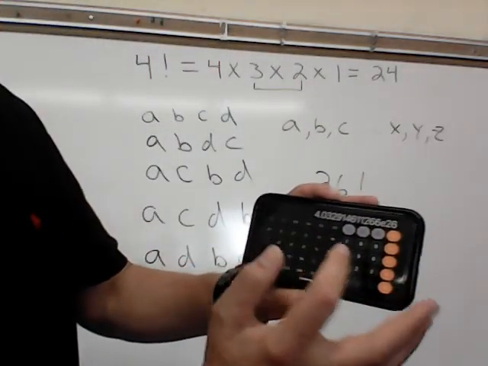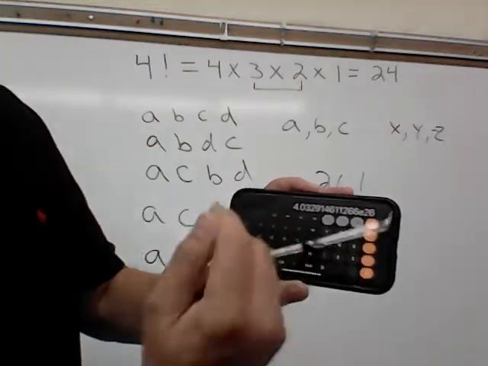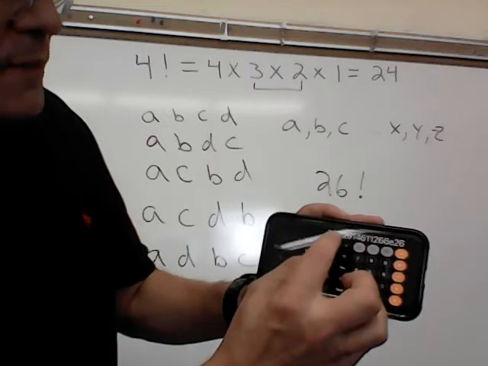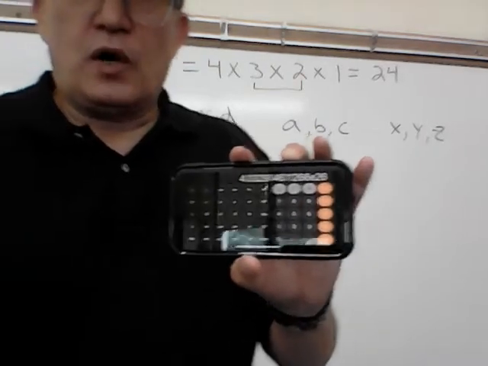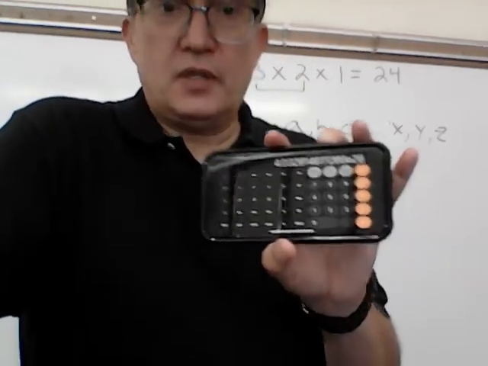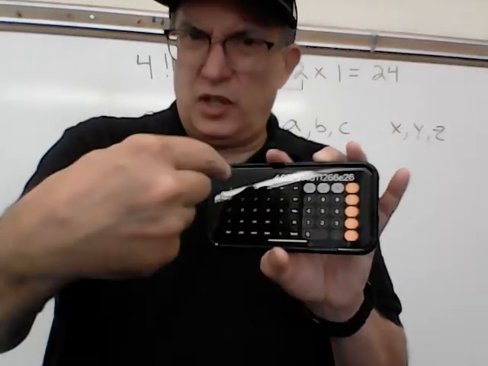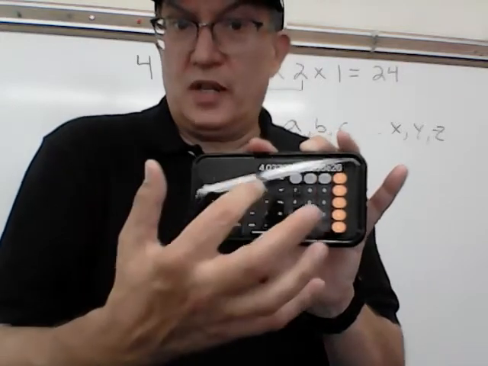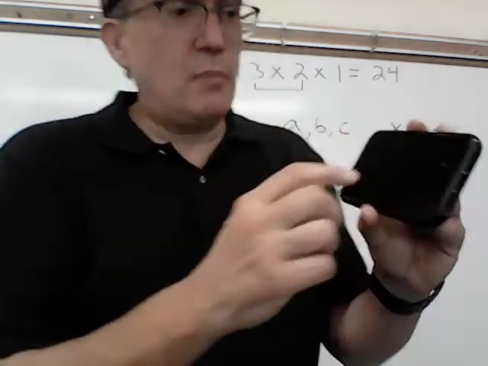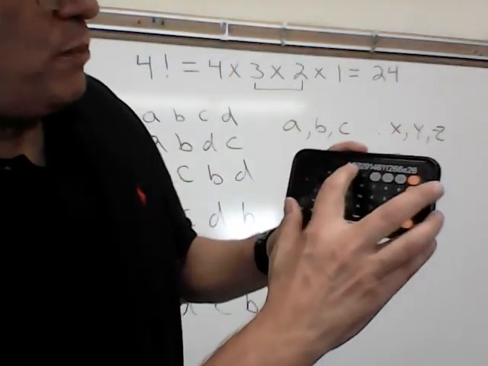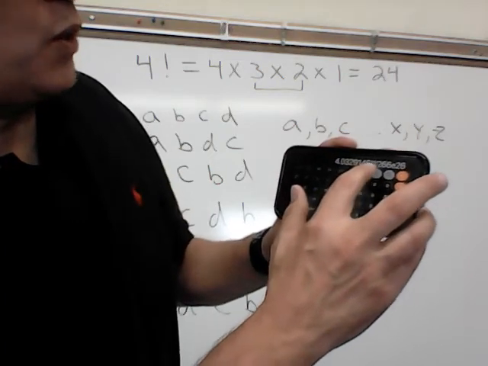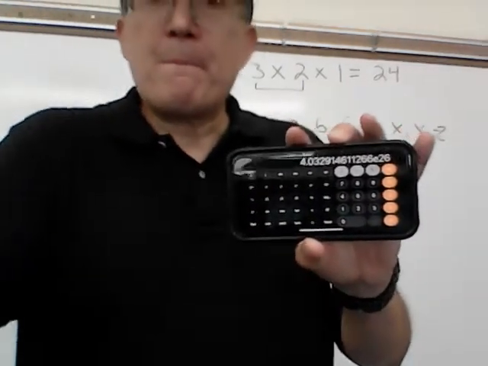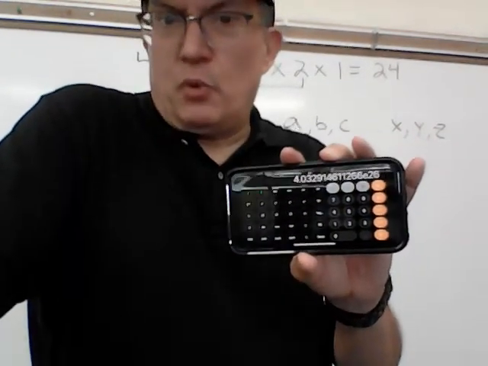Well, the answer that was given to me here for 26 factorial is 4.03, and we can kind of ignore the rest. This is a very nice result because the digit in the tenths place is 0, 4.0. So the first part of the number, 4.03291461126666, is just a little bit more than 4.